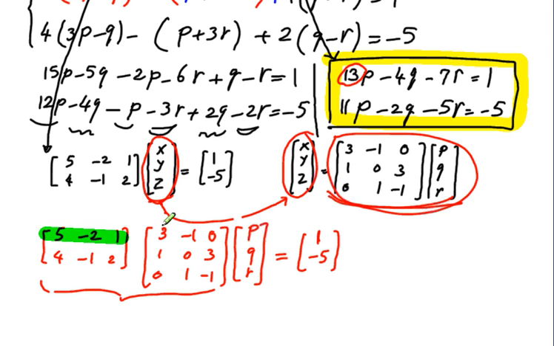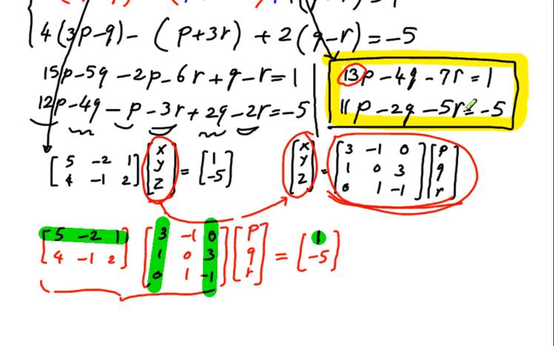5, minus 2, 1 times 3, 1, 0: 15 minus 2, 0, that is 13. And so on. 5, minus 2, 1 times minus 1, 0, 1: minus 5 and a 1, that is minus 4. Times that one, what do we get? 0, minus 6, minus 1, that's minus 7.